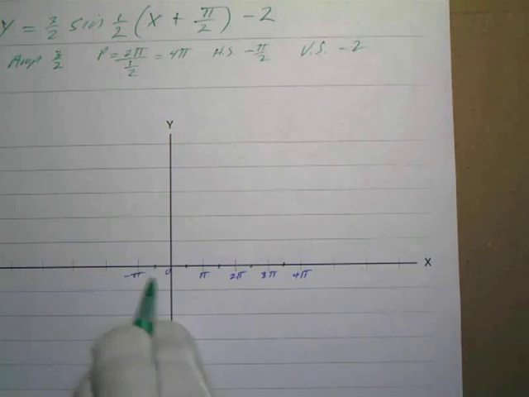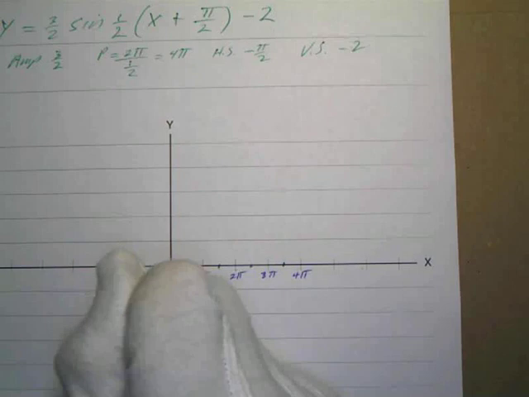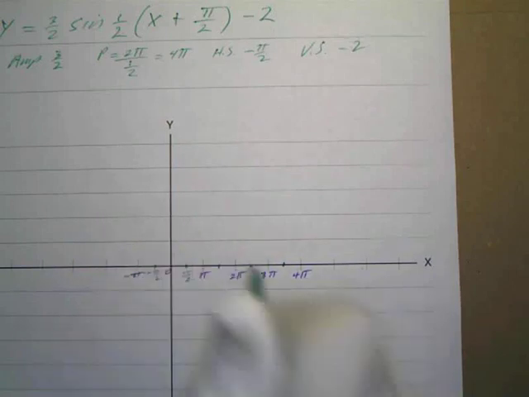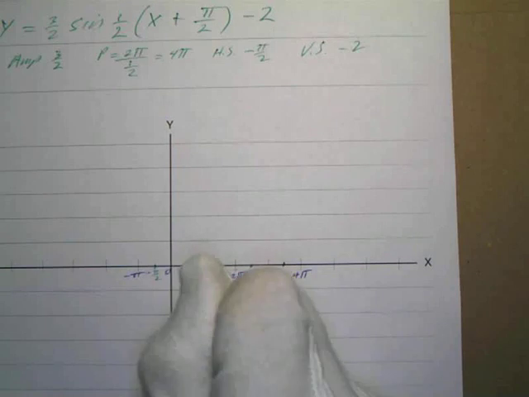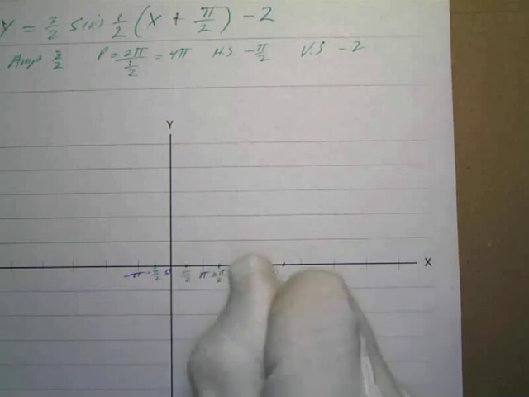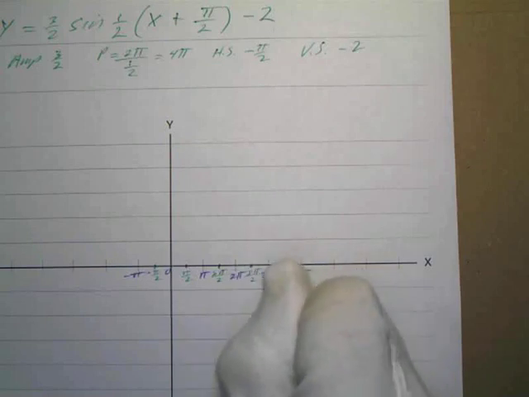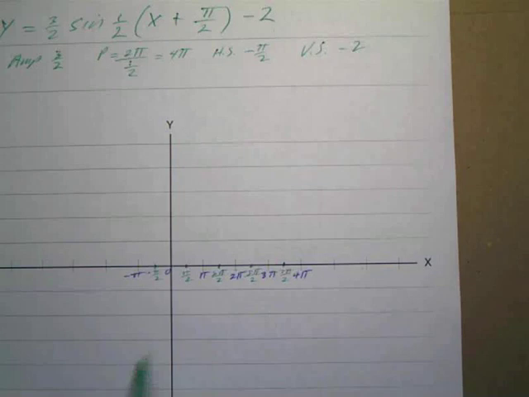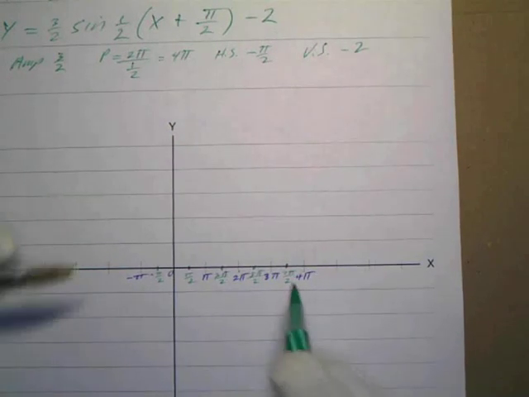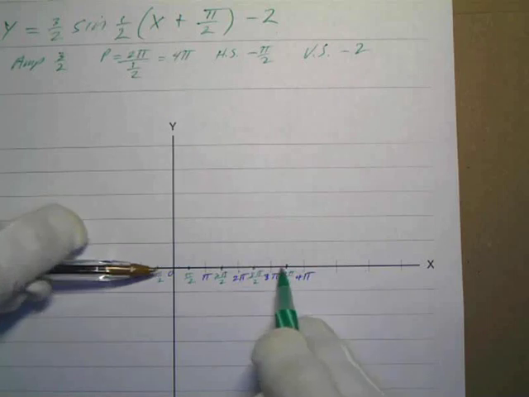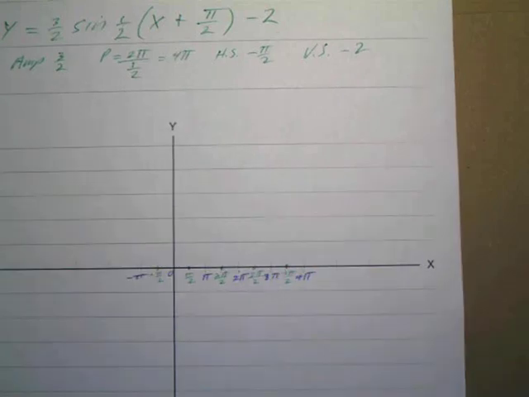So this would be negative pi over 2, 3 pi over 2, 5 pi over 2, 7 pi over 2, which is like 3.5 pi. So instead of going from here to here, it's going to be shifted over pi over 2. Okay, that's my horizontal, or sometimes called phase shift.